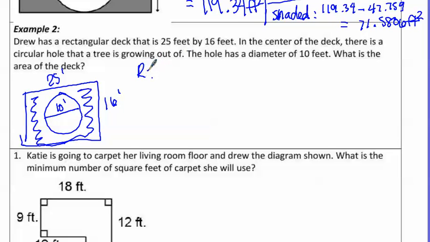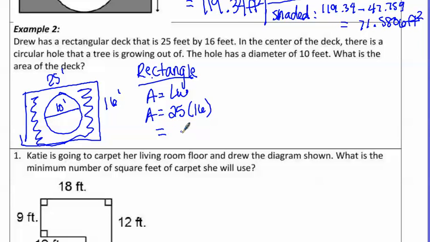So we want to find the area of the rectangle, which is area equals length times width. So that's 25 times 16 will give us a total of 400 feet squared.